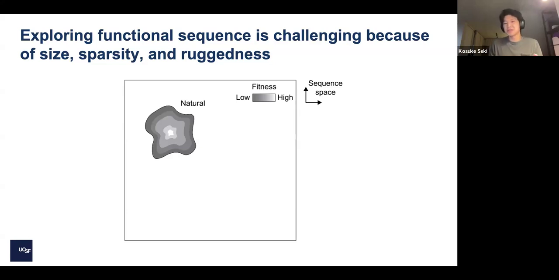What I mean by each of those is that for any 100 amino acid protein, you have 20 to the 100 sequences that you have to explore. So it's a huge and massive sequence space to explore. Within that massive sequence space, only a couple of sequences really are functional. So the ability to explore non-zero activity proteins is very challenging.